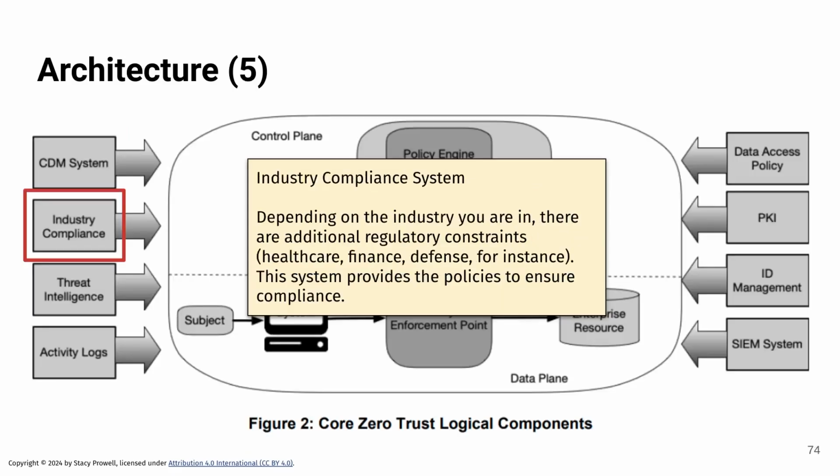Okay? Next is industry compliance. Maybe you're in healthcare. Maybe you're a defense contractor. Maybe you're an insurance company. Maybe you're a finance company. There are special rules in many industries that apply to you. They say you can do this, you can't do this, you should do this, you shouldn't do this. And you're like, well, should and shouldn't sound squishy. Maybe I'll ignore that.